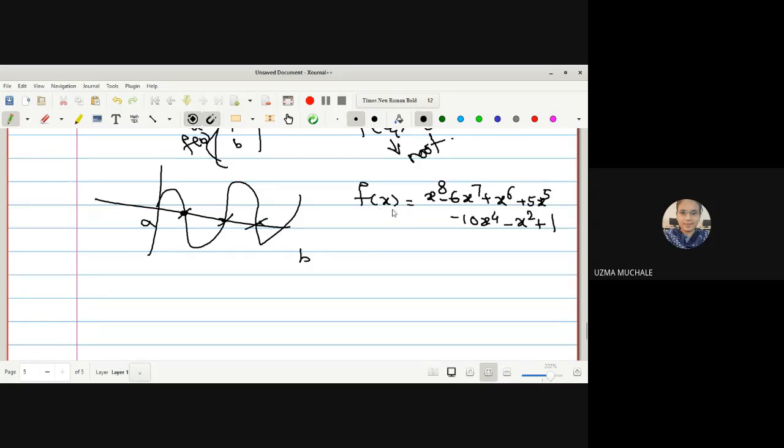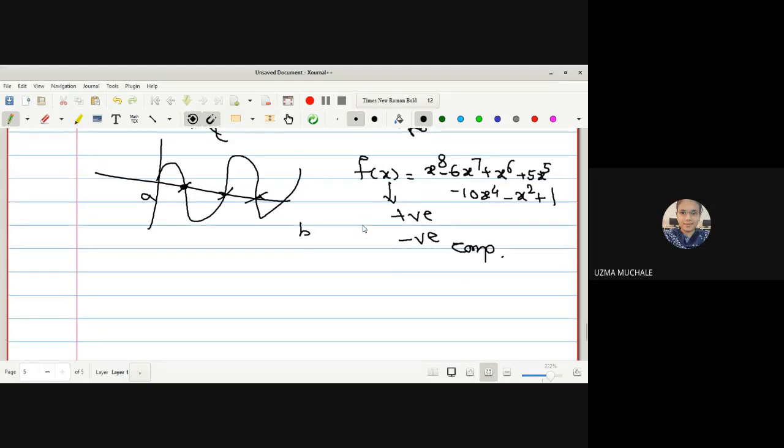Can you say how many roots are positive, how many roots are negative, and how many roots are complex number from the equation itself without solving? No, ma'am. Hello? No, ma'am, we can't say. Without exactly solving or without going to the answer, we cannot say how many roots are positive, negative, or complex number.